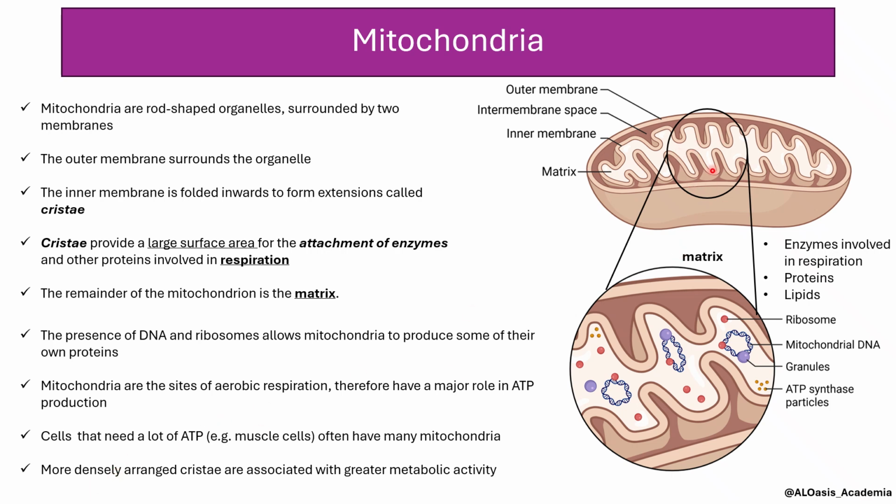And also, if we look at the cristae, we can see that more densely arranged cristae are associated with greater metabolic activity. So that's also an important point. More folds are associated with a greater metabolic activity. Why? Because increasing the folds will increase the surface area. For what? For attachment of enzymes and proteins, and that's why you will have a greater metabolic activity at the end. So that's an important point that you need to keep in mind.